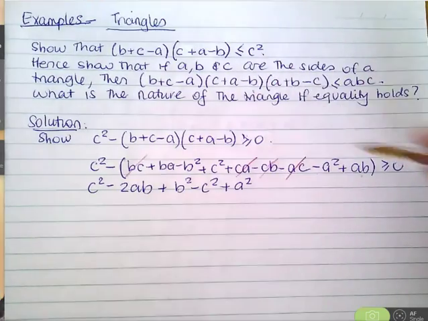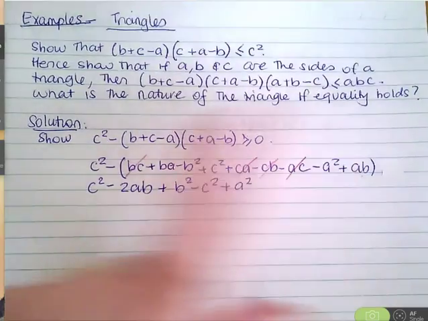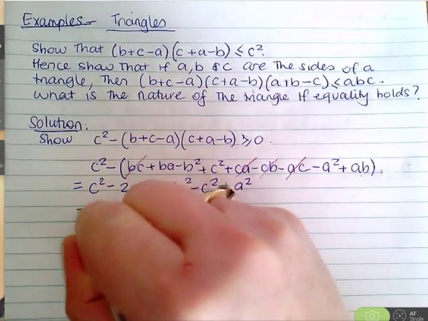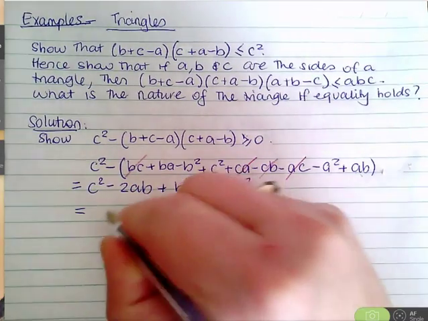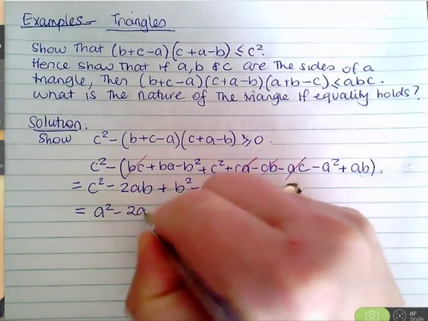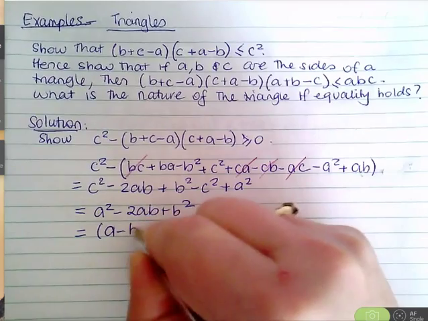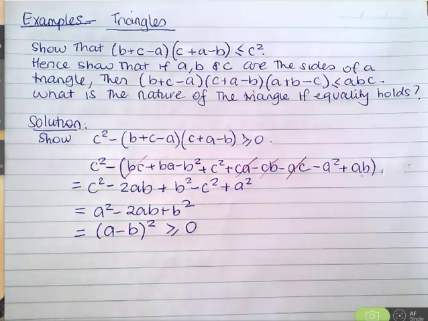So we should say that is equal to this, which is equal to, now the c squared's cancelled, so it's equal to a squared minus 2ab plus b squared, which is equal to (a - b) squared, and that happens to be greater than or equal to 0.